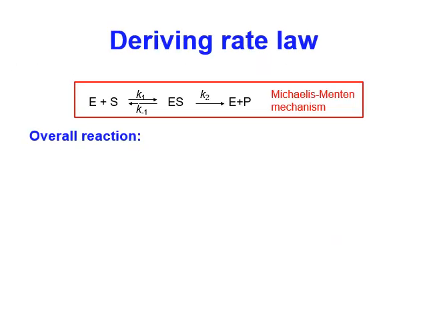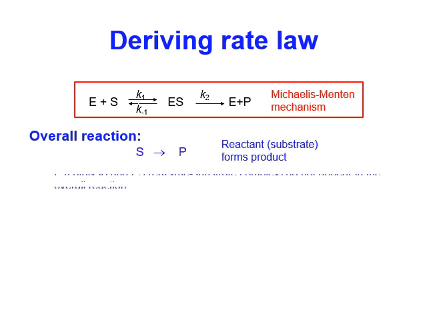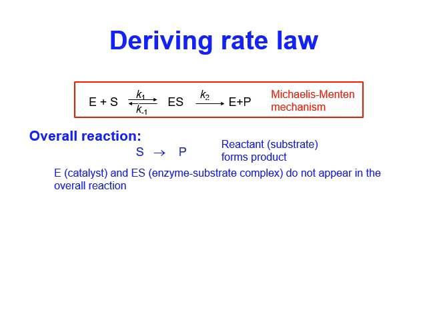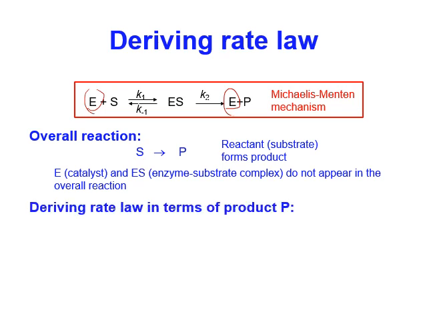Let's derive the rate law for the enzyme catalysis. The overall reaction is simply the substrate forming a product. Although the enzyme participates in the reaction, it is regenerated, and therefore it's not consumed in the overall reaction. Now we can choose the product to derive the rate law, and the product only appears in the second step.